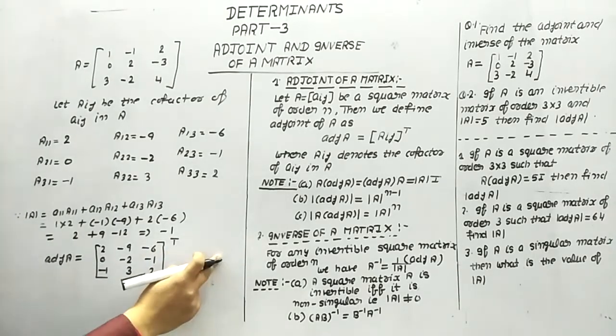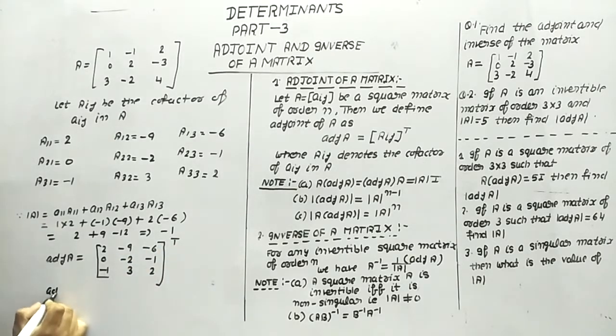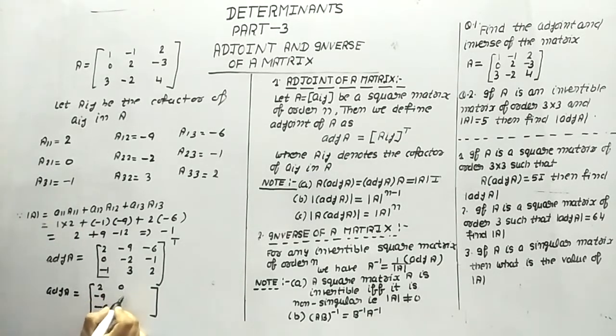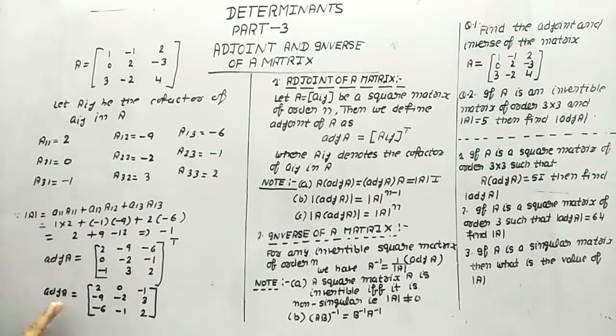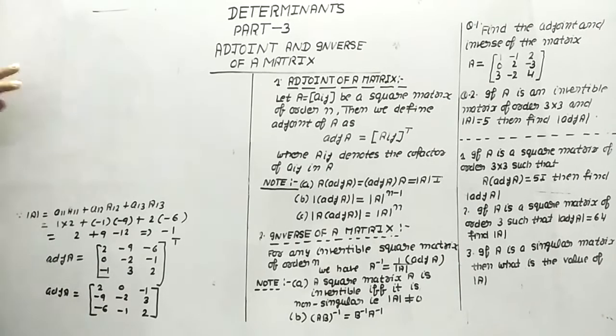Now the transpose of this gives the adjoint of A. So this becomes 2, minus 9, minus 6; 0, minus 2, minus 1; minus 1, 3, 2 transposed, and this is the adjoint of A.